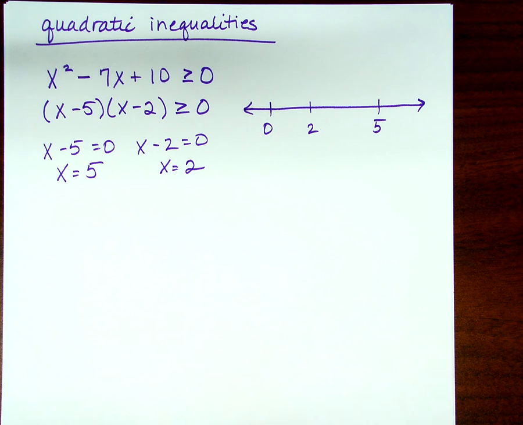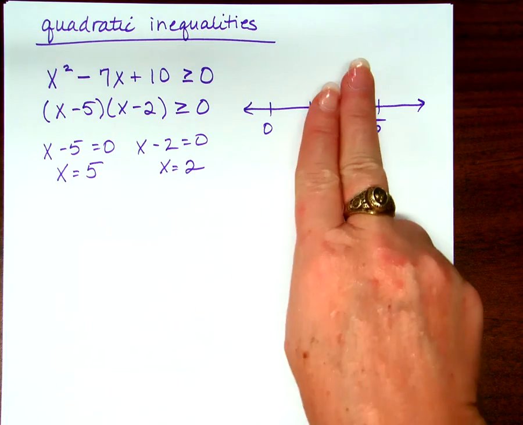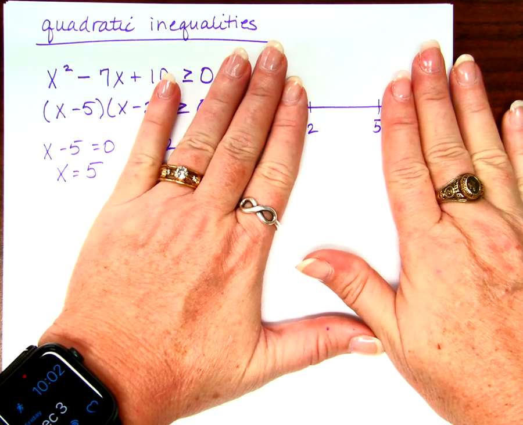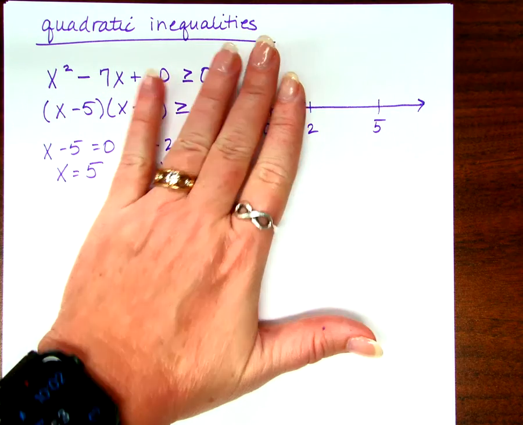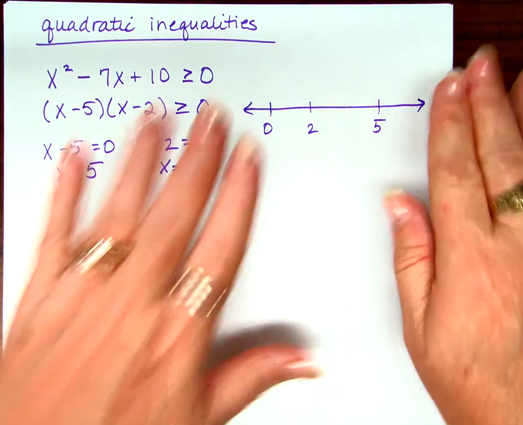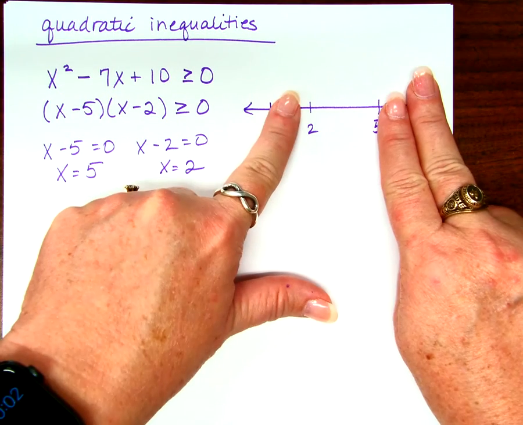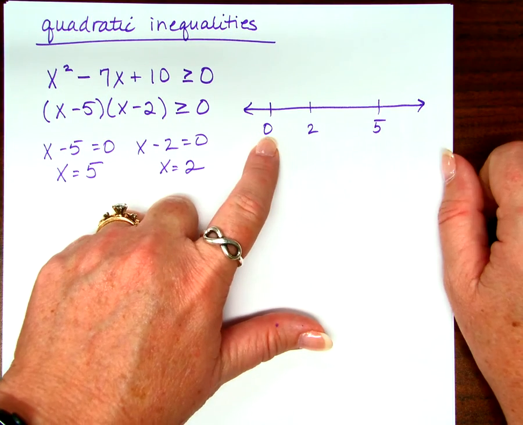Okay? So remember the rule about this. Where is the answer? It's either in between 2 and 5 or outside of 2 and 5. Do you remember that? It's either in between or outside. How do we decide whether it's in between or whether it's outside? Choose a point, right?